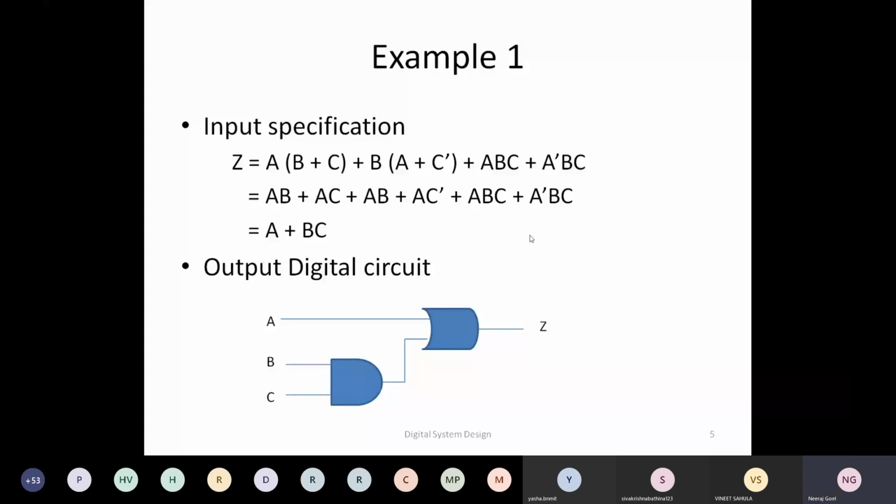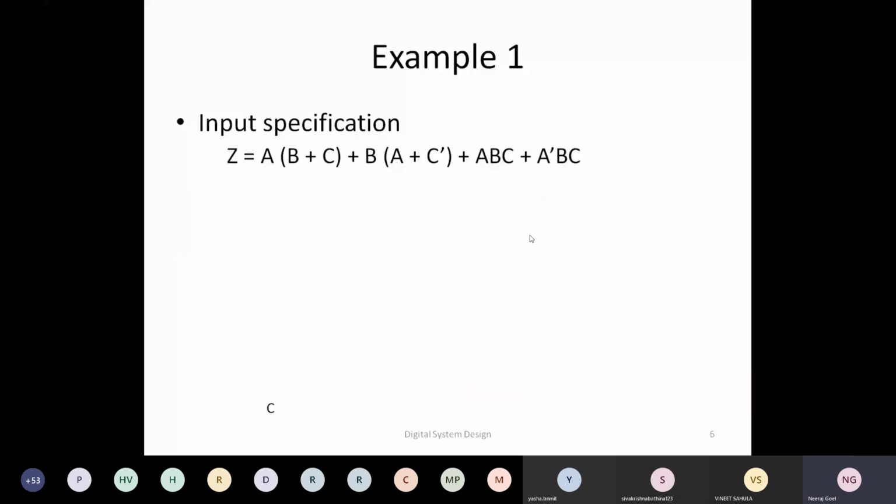So one possibility is to expand it completely. I'm again taking the same example. Expand means that we'll try to write all the terms in a complete expanded form, so that all the terms have all the 3 variables present.